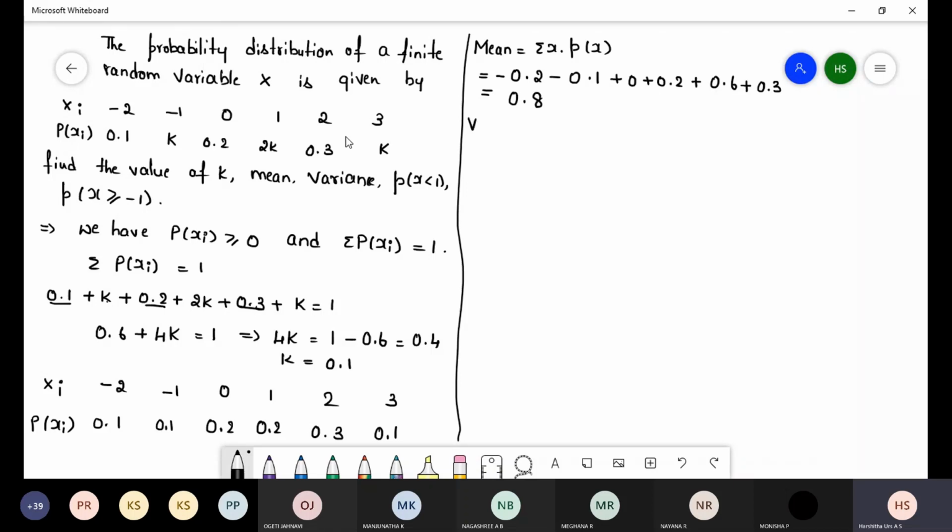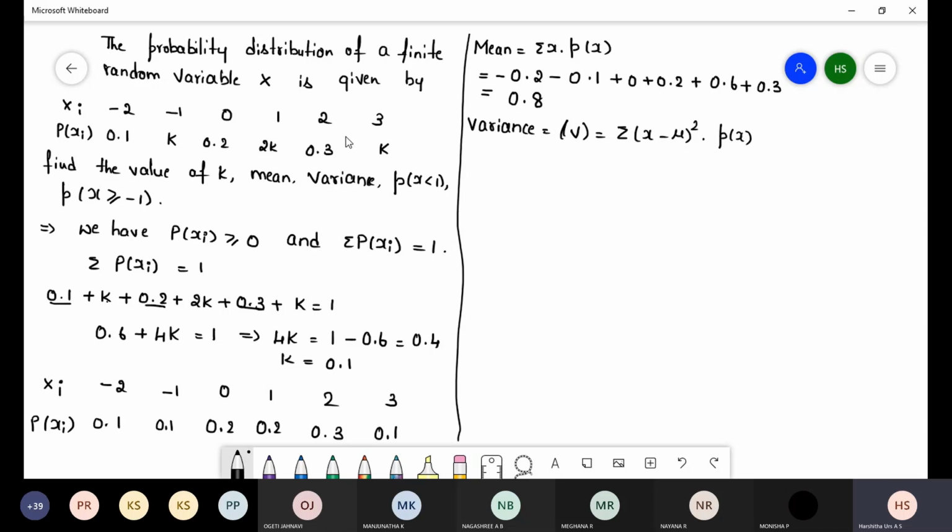Next, variance. Variance we can write as the sum of x minus mu, whole square, into p of x.